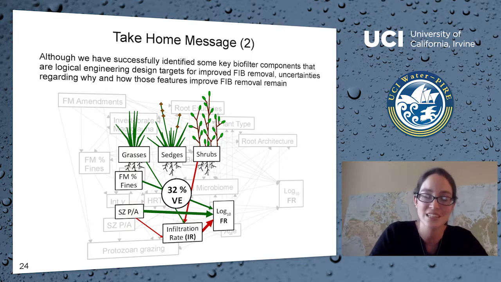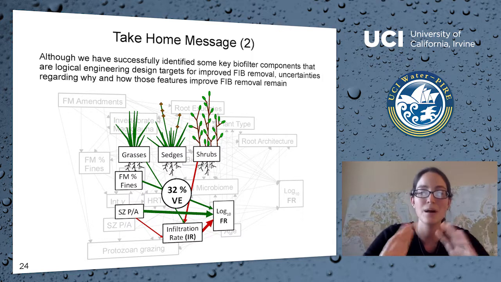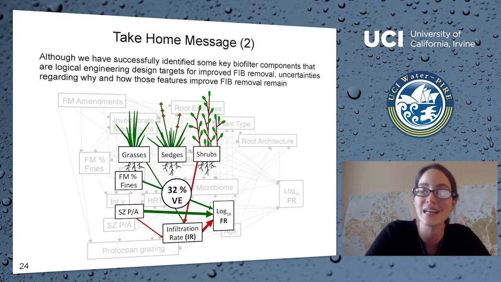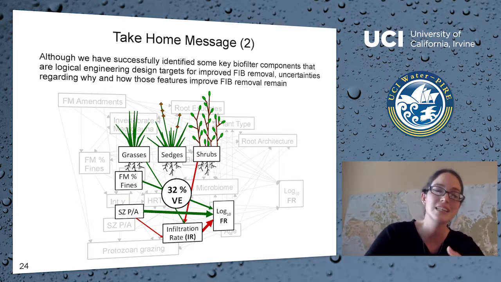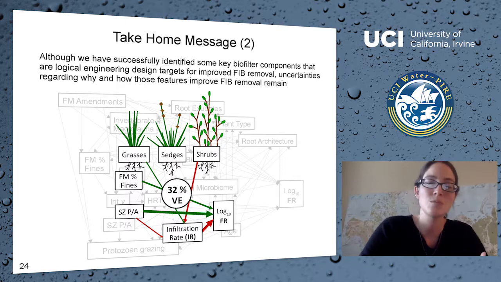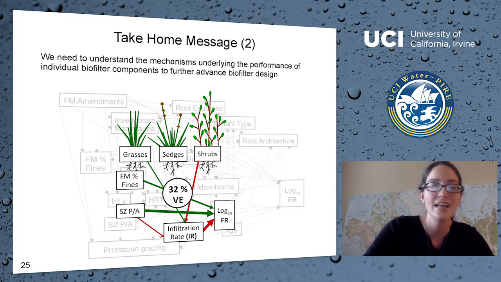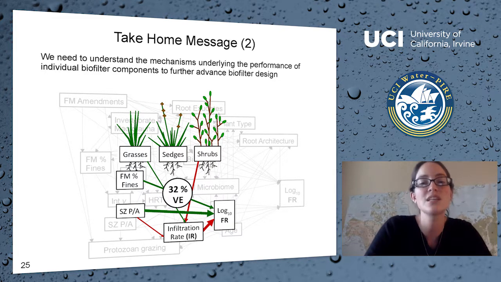To illustrate this, I put the biofilter model we were just playing with on the top, and behind that we have all of this complexity, and it's really a simplified version of the possible complexity space that we could be dealing with, looking at things like filter media amendments, protozoa and grazing, soil microbiome, root architecture, root exudates, and all of this, that, and the other. And I would argue that we need to understand the mechanisms that underlie the performance of individual biofilter components in order to further advance biofilter design.